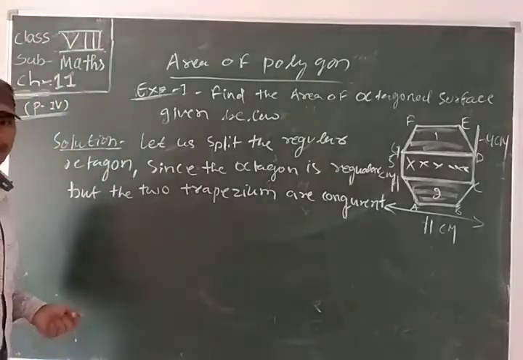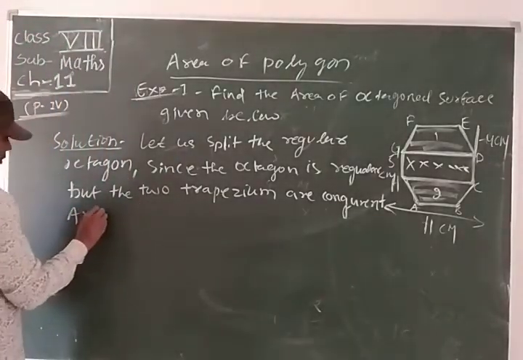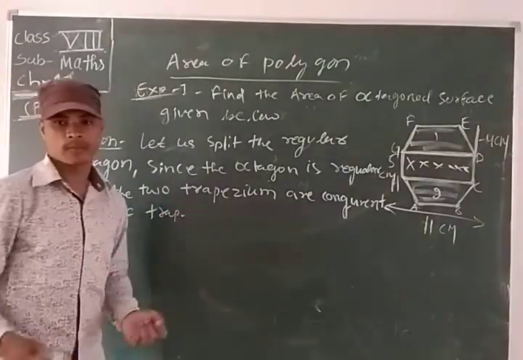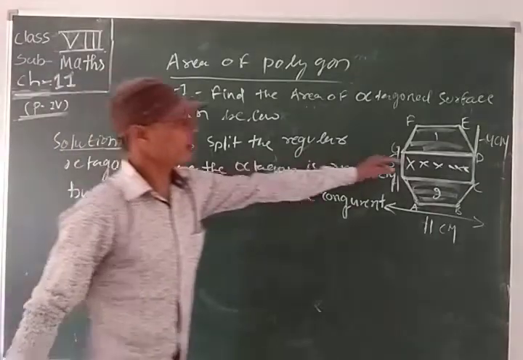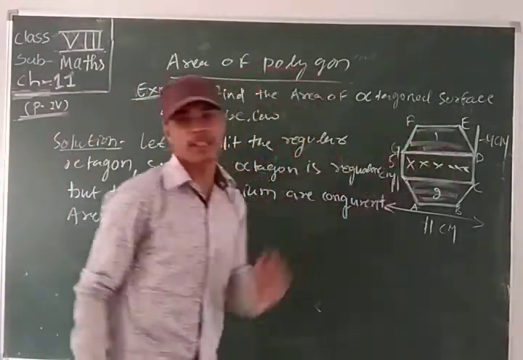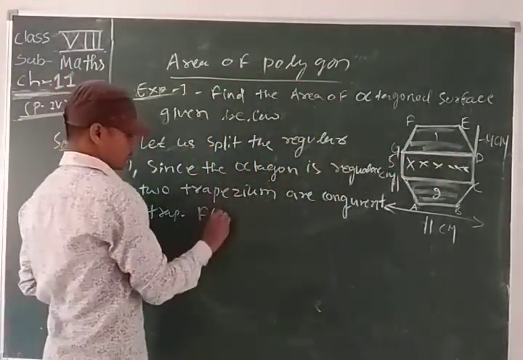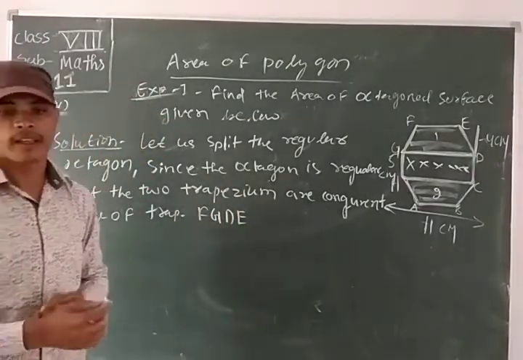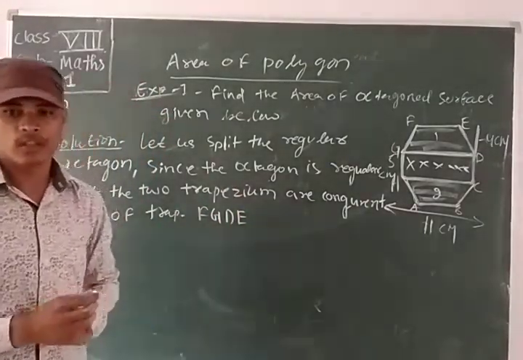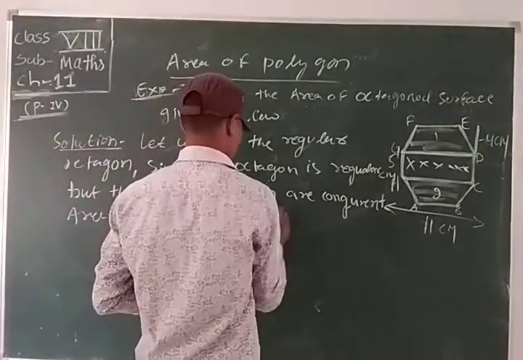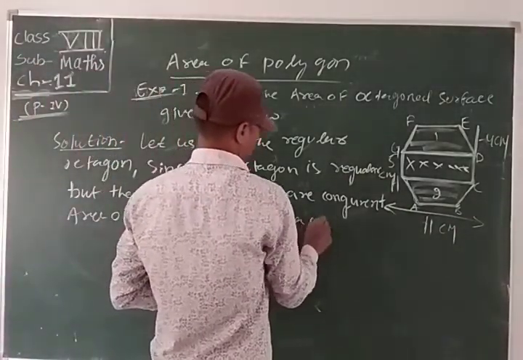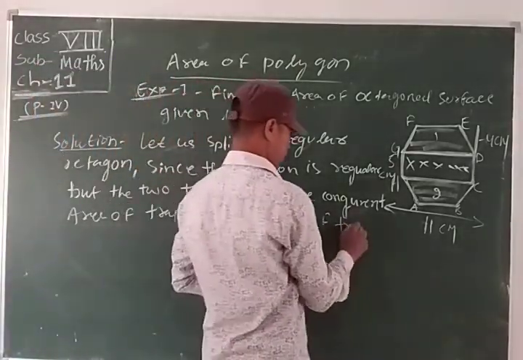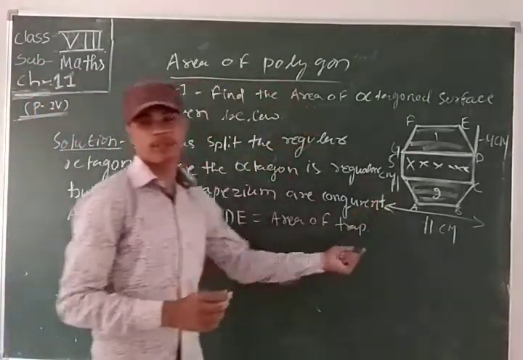So the area of trapezium F, G, D, E. So one trapezium is there, H, D is the other trapezium. Area of the trapezium, TRAP, means trapezium.